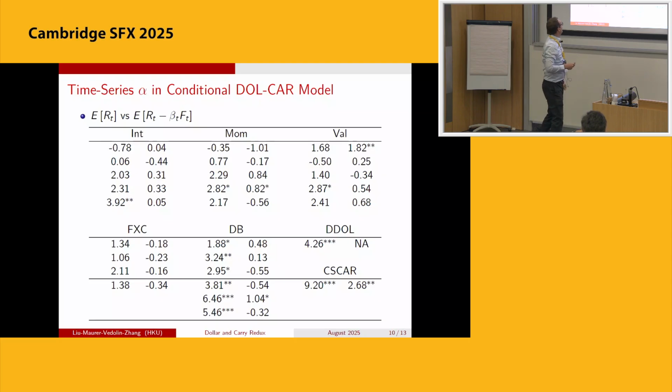Okay, thank you. We can also look at, if you want to think about Fama-MacBeth, the time series regression. We can look at the average return of test assets versus the average return of test assets minus hedging out dynamically these dollar carry risks.